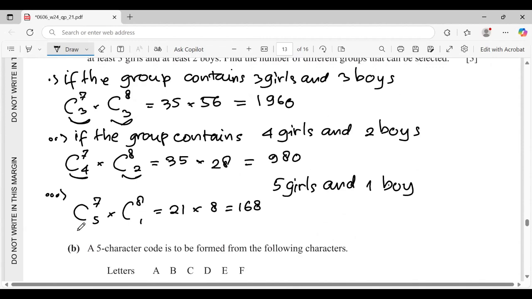So the number of groups that can be selected is 1960 plus 980 plus 168, and if you calculate, the result is 3,108 different groups.